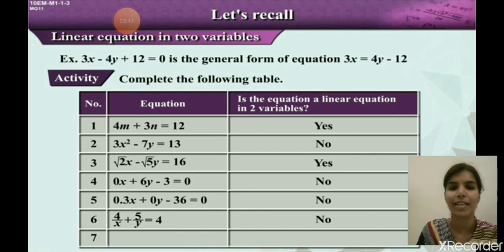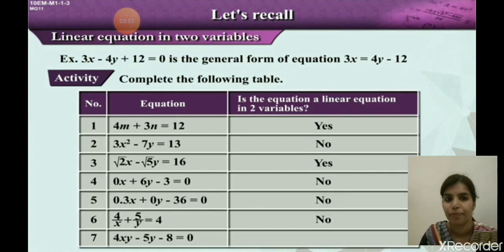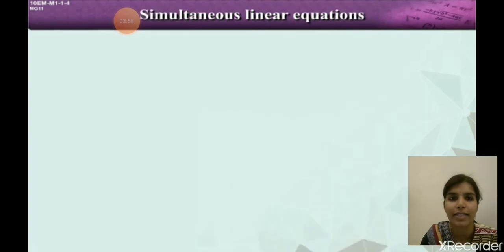No, because the degree of the variables is -1. 4xy - 5y - 8 = 0. No, because two variables are multiplied at the same time.